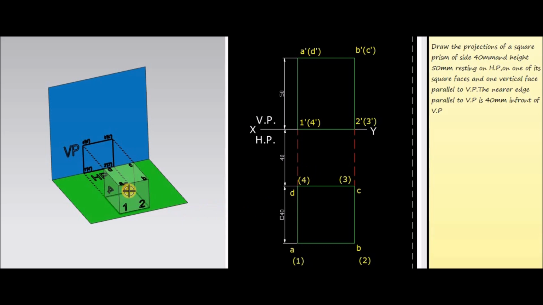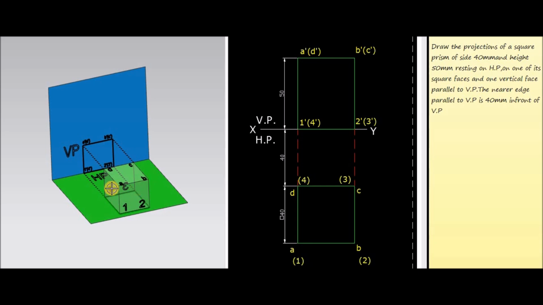Then the corners 3 and 4 are not visible when we are looking from the front side, so they have to be represented inside the brackets. Corresponding to the back point is 3, so here 3 dash will be the letter inside the bracket, and corresponding to point 1, the corner at the back side of point 1 is 4, and it has to be represented inside the bracket as 4 dash.